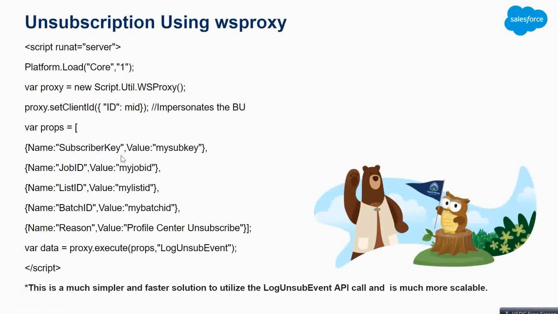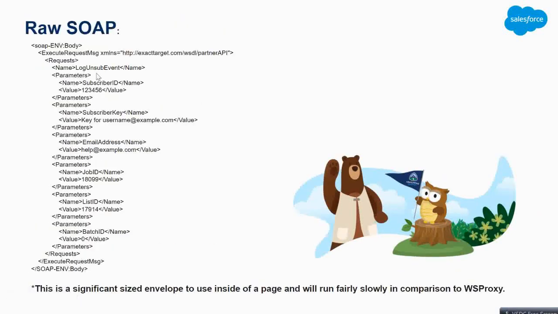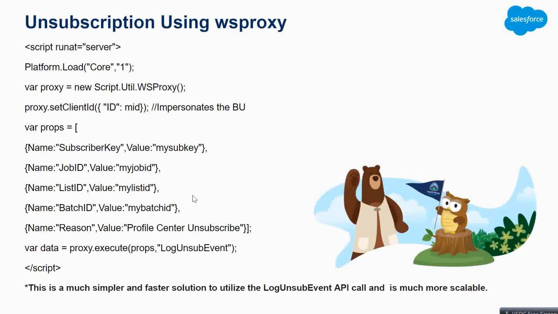So with props, you are passing the same thing but in a different way, like in a JSON body. You are passing the subscriber key is this, job ID is this, list ID is this, and please unsubscribe. The moment proxy.execute is executed with the log unsub event, which is something similar over here, you are calling the log unsub event and executing that, and the moment this is called, that user will get unsubscribed from this particular business unit.